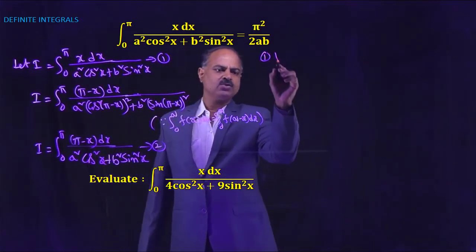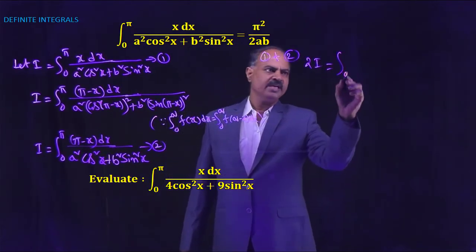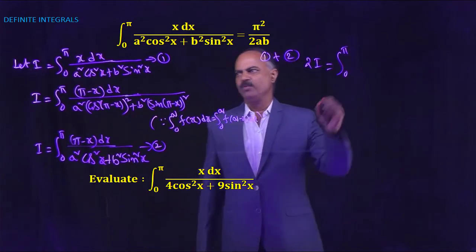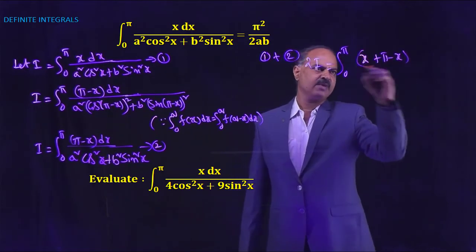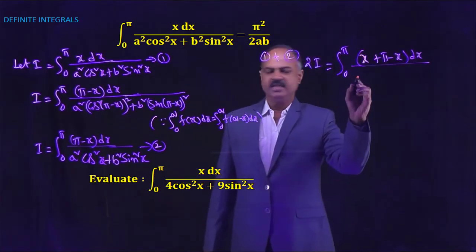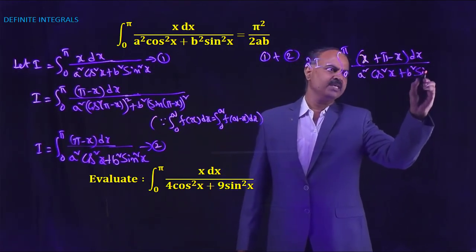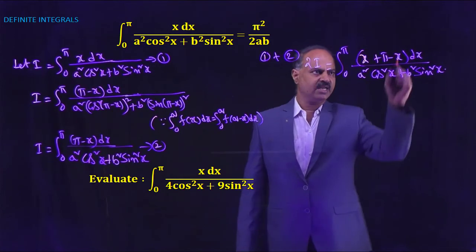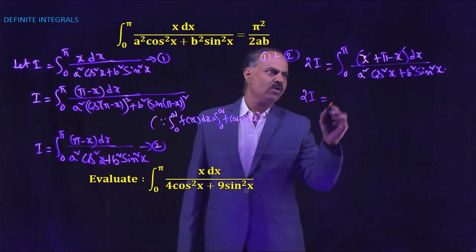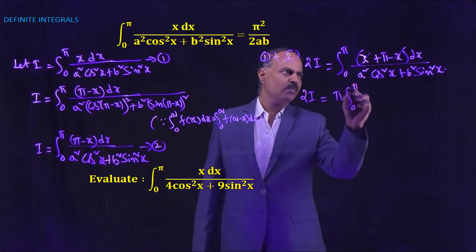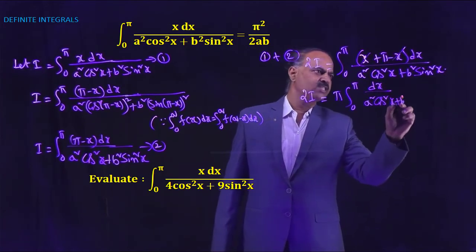Here 1 plus 2 gives 2I equal to integral 0 to pi of x plus pi minus x dx by a square cos square x plus b square sin square x. Here minus x and plus x get cancelled. So 2I equals pi into integral 0 to pi dx by a square cos square x plus b square sin square x.